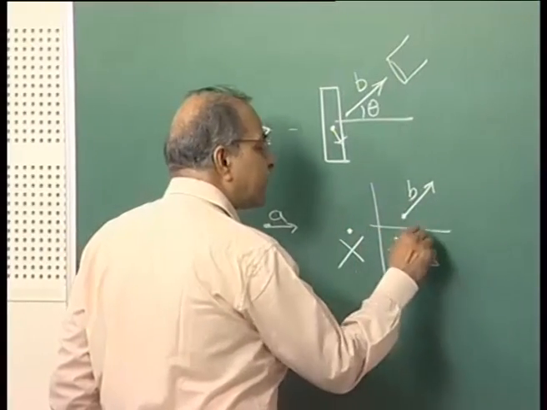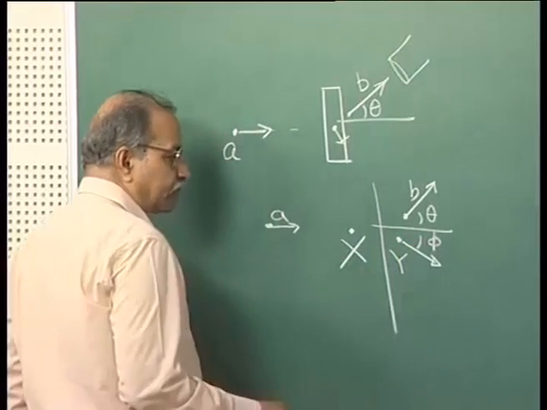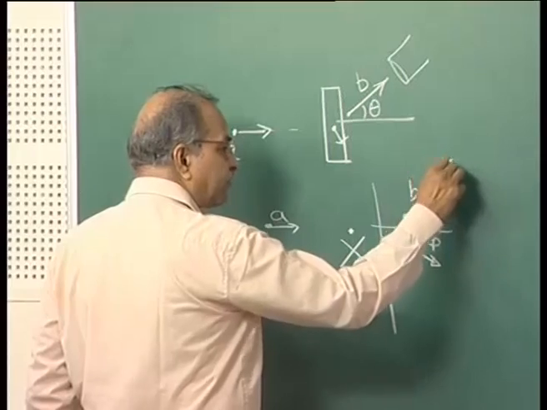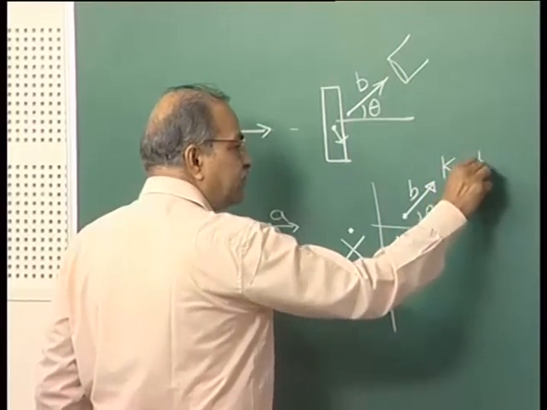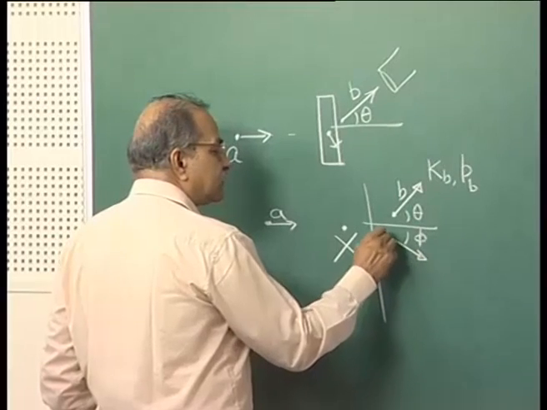If we call this angle theta and this angle phi, the kinetic energy of this particle is K B, linear momentum is P B. Your reaction is X(A,B)Y.